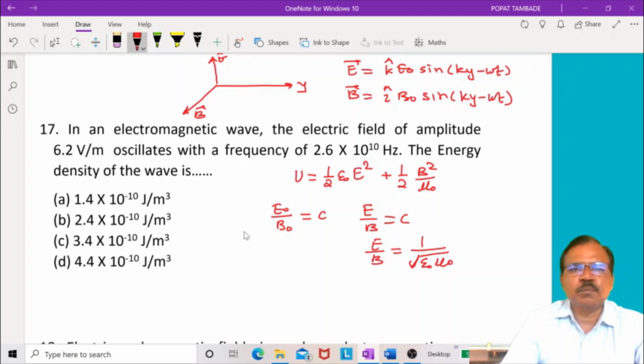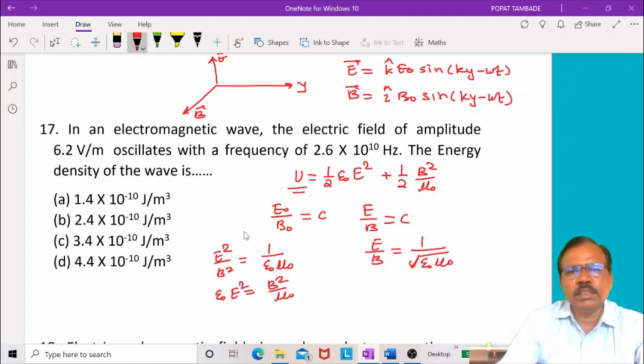So if we square, E square upon B square is equal to 1 upon epsilon 0 mu 0. So we get epsilon 0 E square is equal to B square upon mu 0.